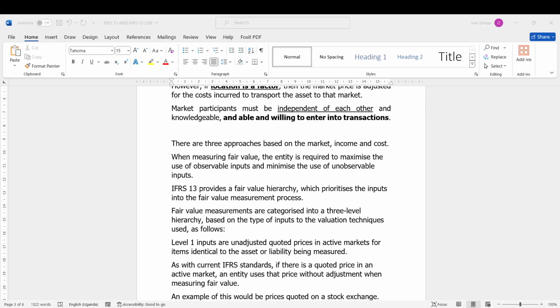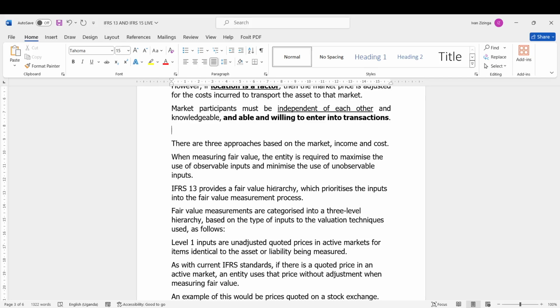All right. So the standard provides us the three measurement levels, and these are based on the inputs. The standard says when you are attaching fair value to the asset, always consider observable inputs.